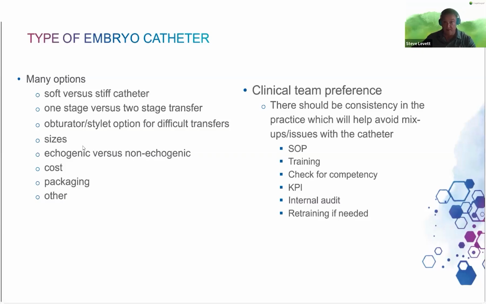We often see that the type of embryo transfer catheter used by a clinic and the embryo transfer practitioners within it have developed just over time, and so they use the same one. The people coming in are trained in the same way. It is ideal if everybody in the clinic uses the same catheter and the same standard operating procedure.